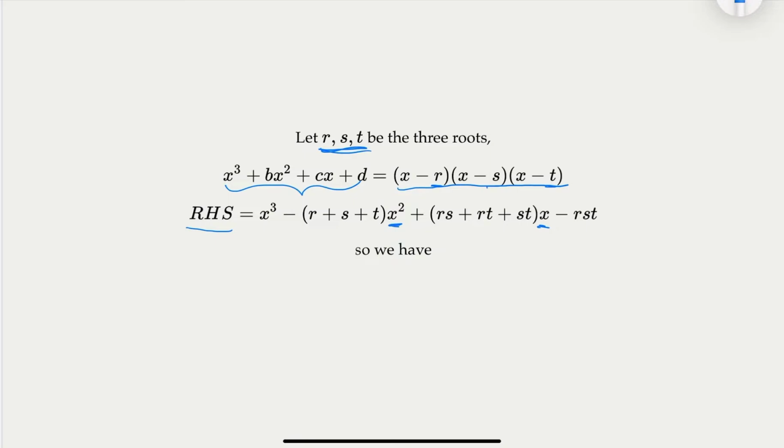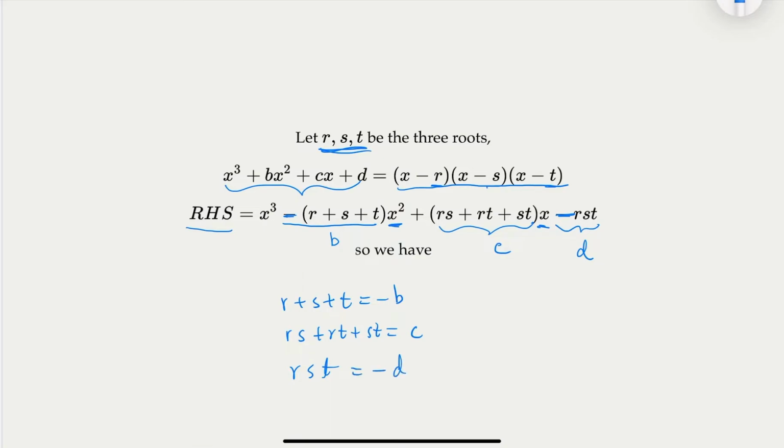So in other words, this coefficient must equal b, with the negative sign here, and here must equal c. This whole thing here with the negative sign must equal d, right? So in other words, r plus s plus t equals negative b, rs pairwise equals c, and then the multiplication of all 3 equals negative d, right?